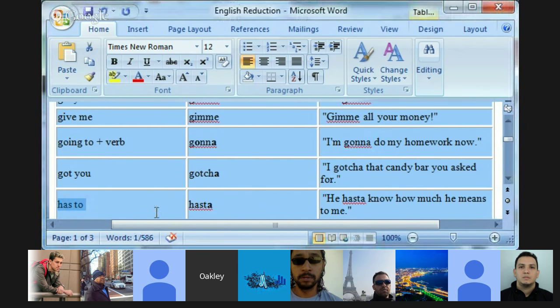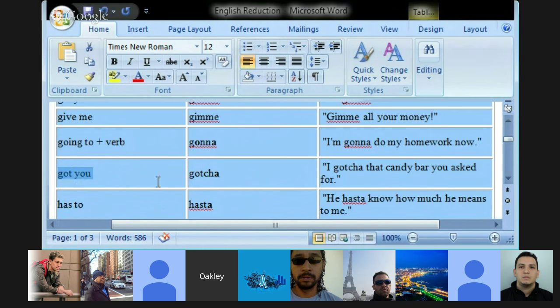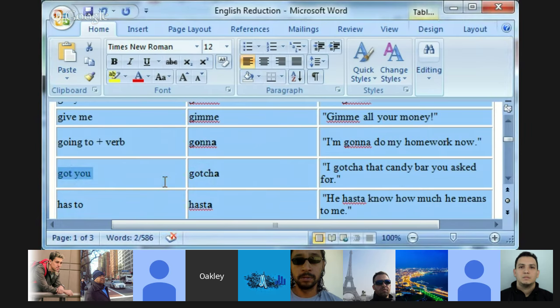Okay, another common phrase. Oh, no, we're not there yet. Okay, another one. Got you, Mustafa. Got you. Gotcha. Again with the T and the Y. Okay, example sentence. I gotcha that candy bar you asked for.